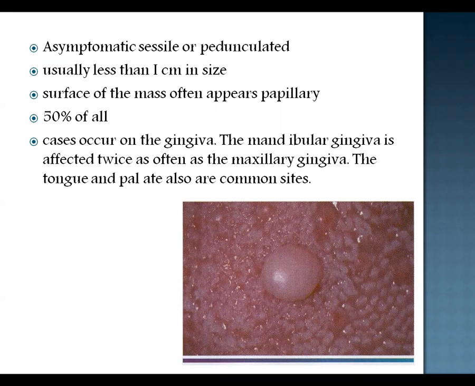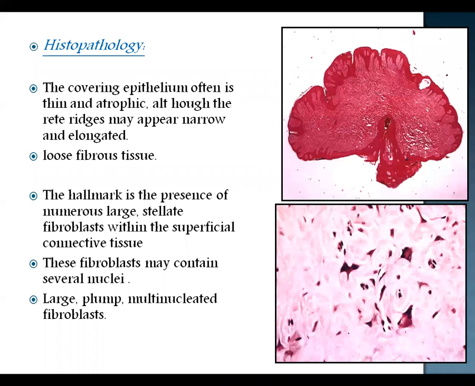The surface of the mass often appears as a papillary growth. 50% of all cases occur on the gingiva. The mandibular gingiva is affected twice as often as the maxillary gingiva. The tongue and the palate also are common sites.